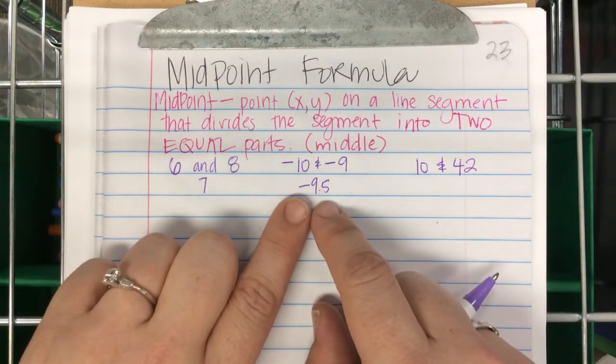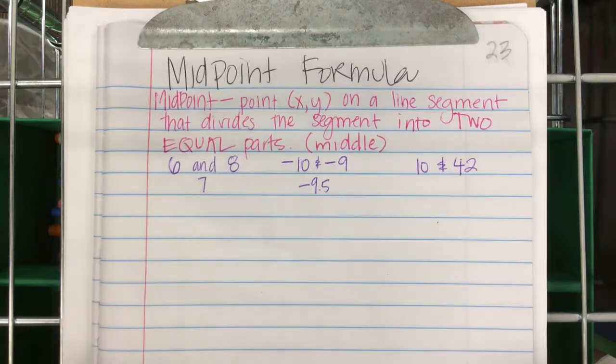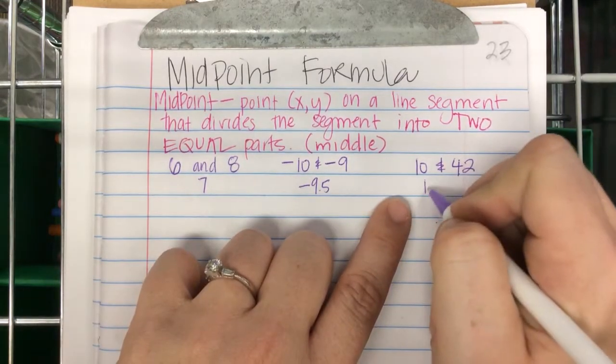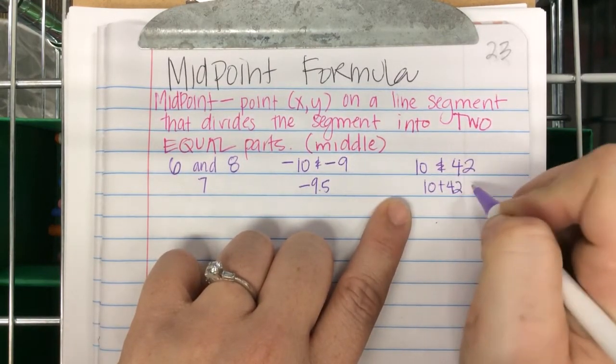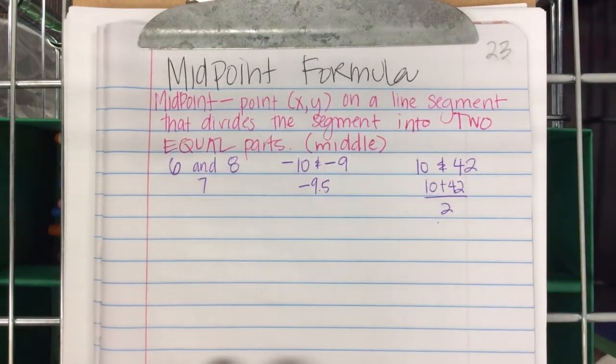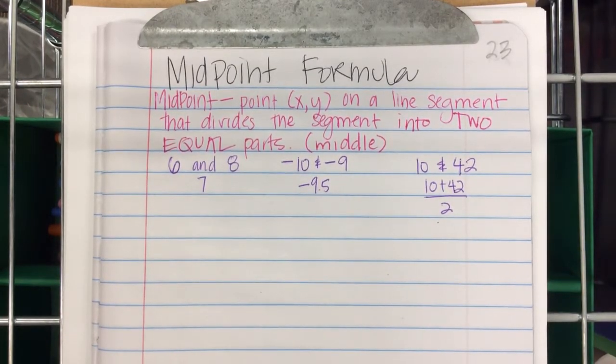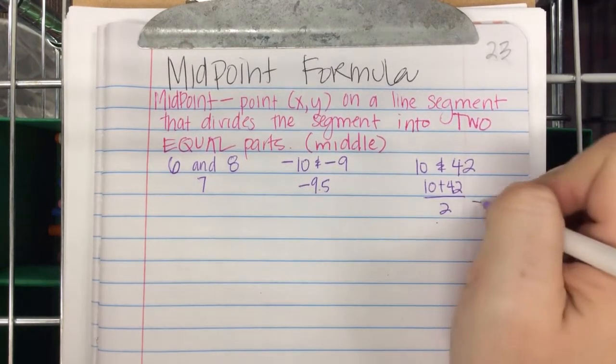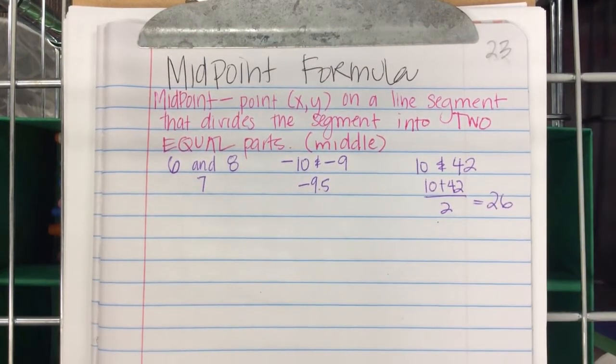Divided by 2 is -9.5. It's the average of the two numbers. So we're going to take 10 plus 42 and divide by 2. 10 plus 42 is 52. 52 divided by 2 is 26.